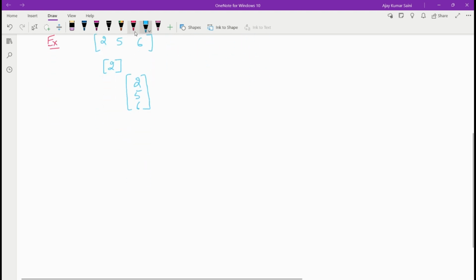Now come to the multiplication. Addition is simply adding two elements respectively, and subtraction is the same, but in multiplication some students get stuck, so I clear it.